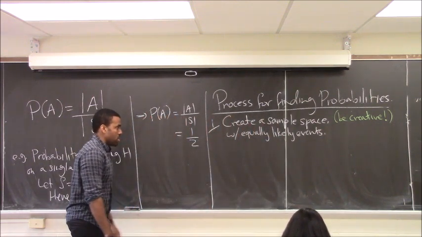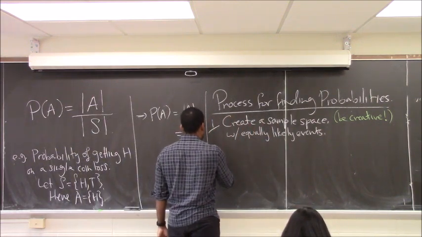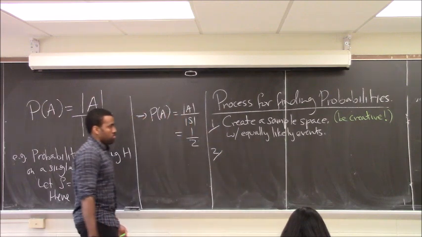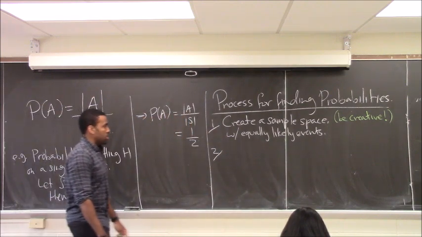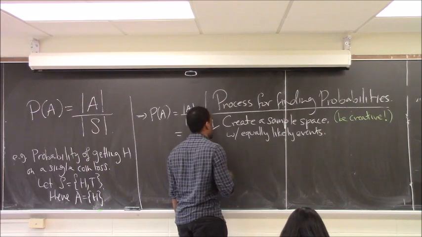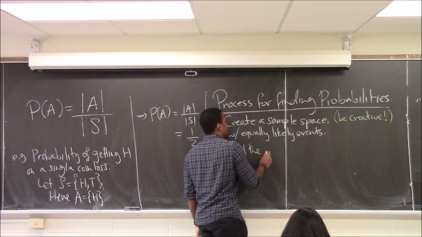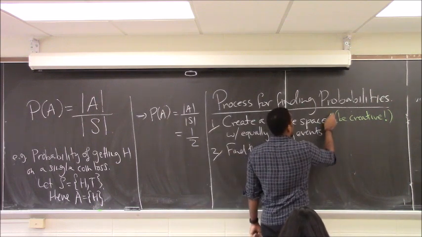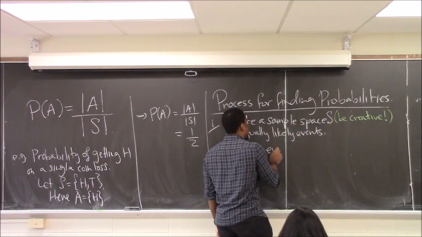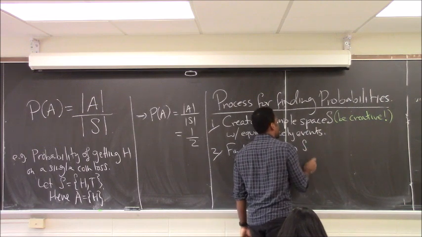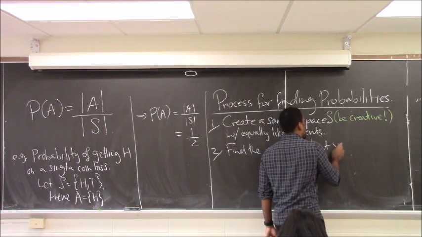Sometimes it's going to be very hard to actually represent that, but if situations like that arise, I'll tell you how to deal with them on a case-by-case basis. One, you are going to create a sample space S. Two, find the event in S that you care about.